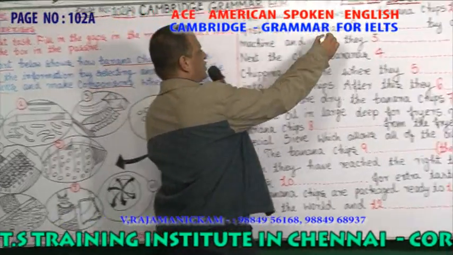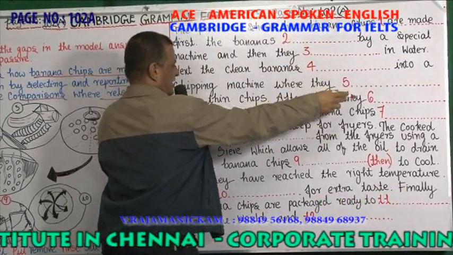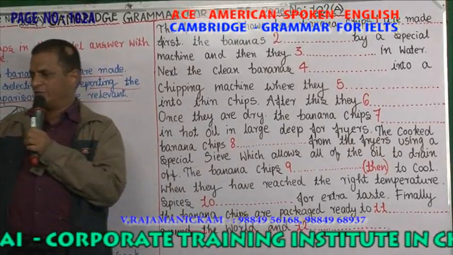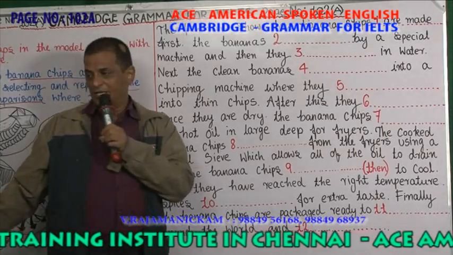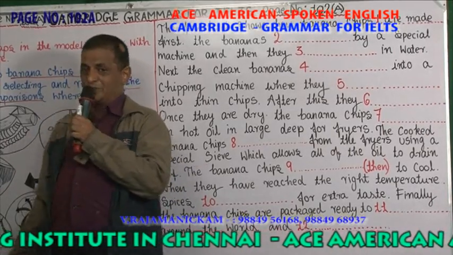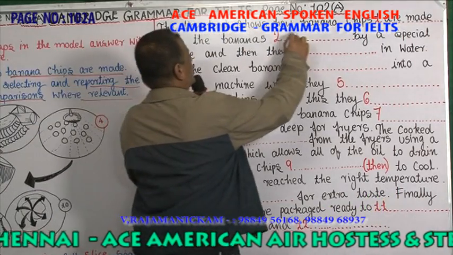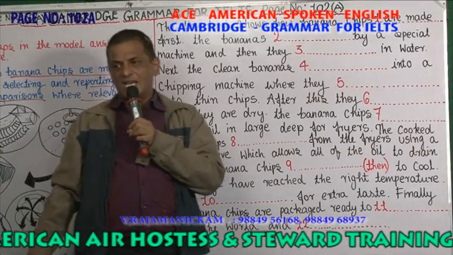The flow chart shows how banana chips, number 1, 2, 3, 4, 5, 6, 7, 8, 9, 10, 11, 12, fill in the blanks you have to fill in. You're seeing the diagram. And the verbs, you have to take the verbs and use them in the passive voice. The flow chart shows how banana chips, first, how banana chips are made.